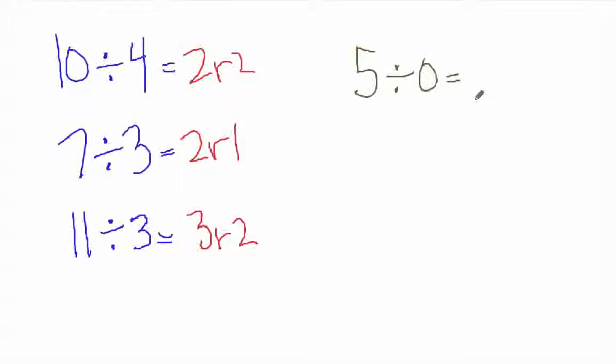Let's see. So that means you have a bunch of money and you have to divide it between nobody. So maybe that means nobody gets no money. So maybe the answer is 0. Okay. On the other hand, maybe there's no money wasted, so maybe we didn't spend any, so maybe you think the answer is 5 because we have 5 left over.